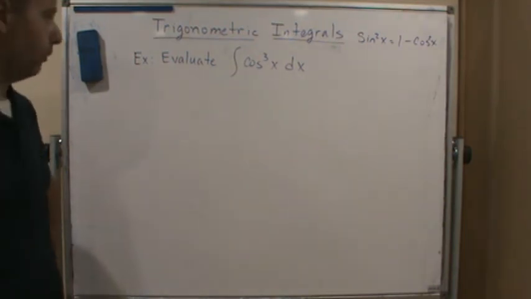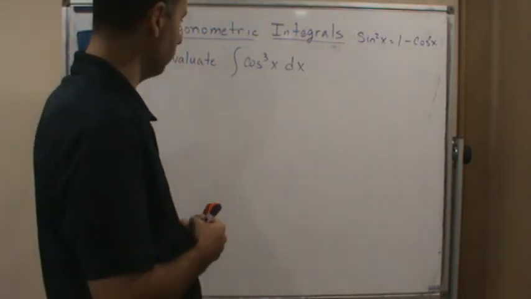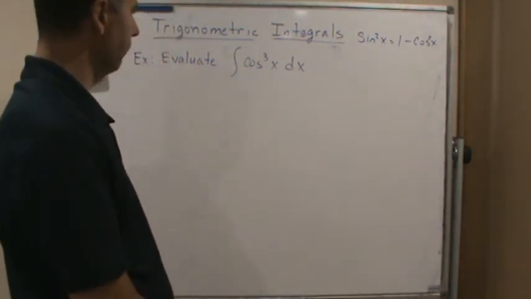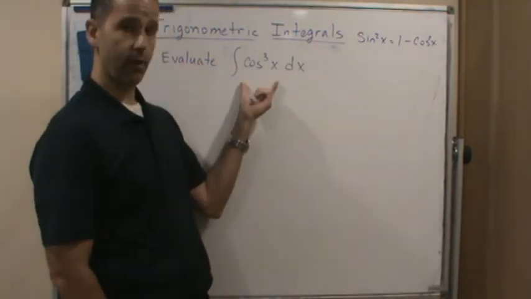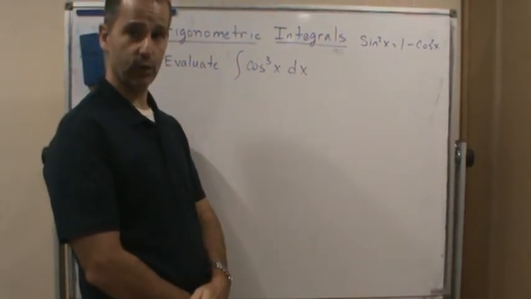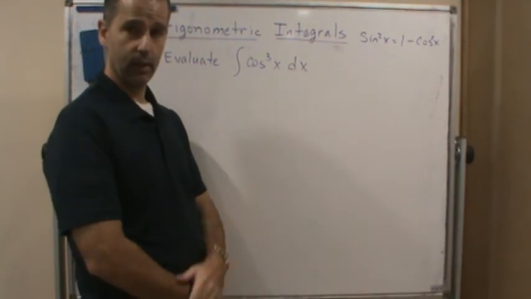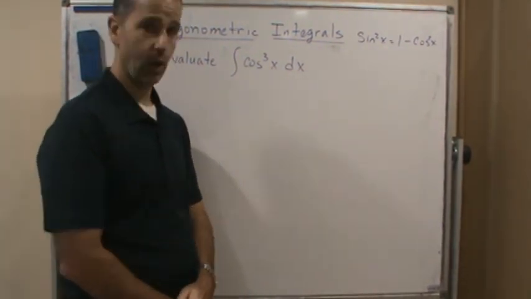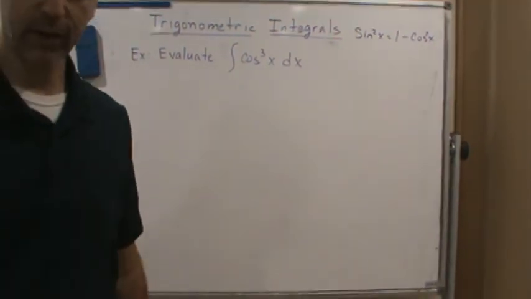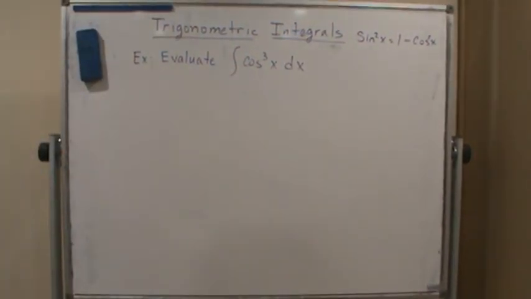Well, it's odd power, right? So that means you're going to have to shave off one of these, right? So again, we're going to have to use the Pythagorean identity in this one to get a u substitution. Okay? So I'll leave that one up to you. Again, if you get stuck or need help or want confirmation, let me know.